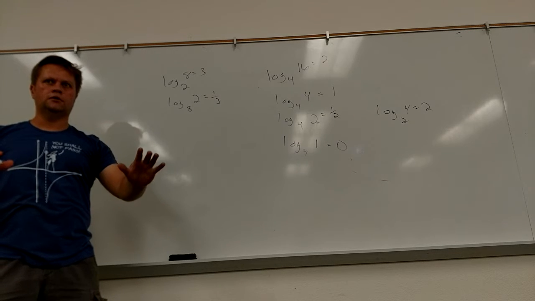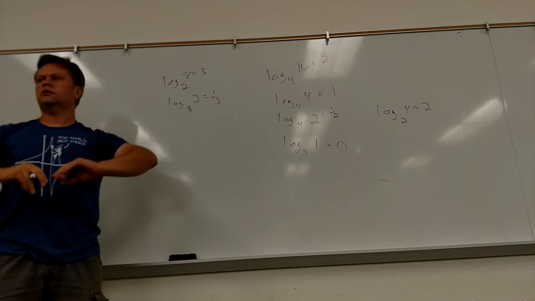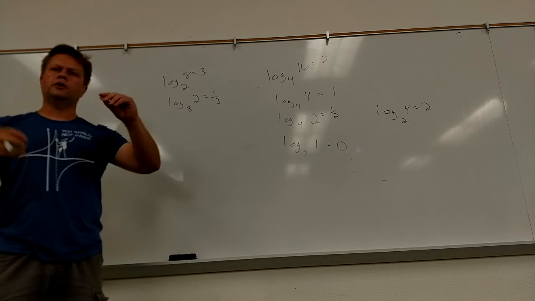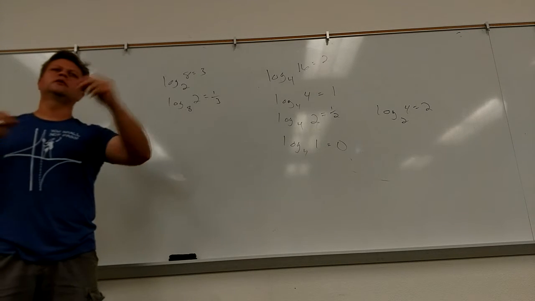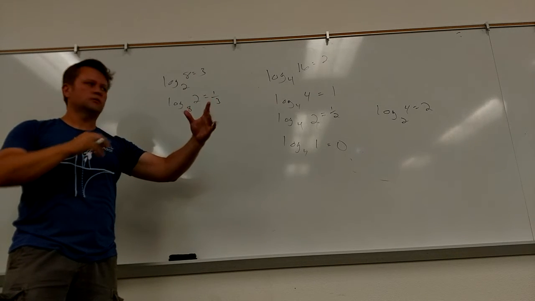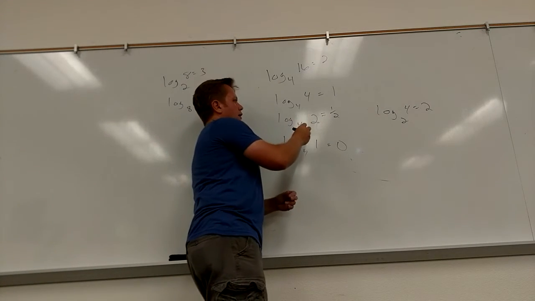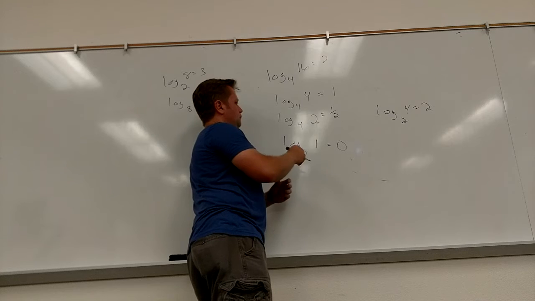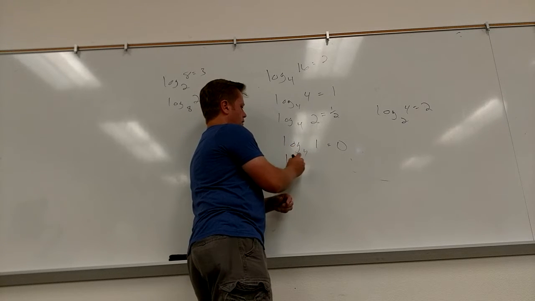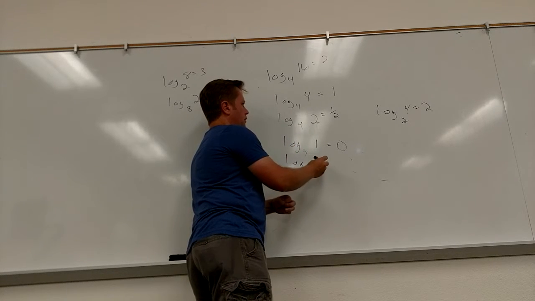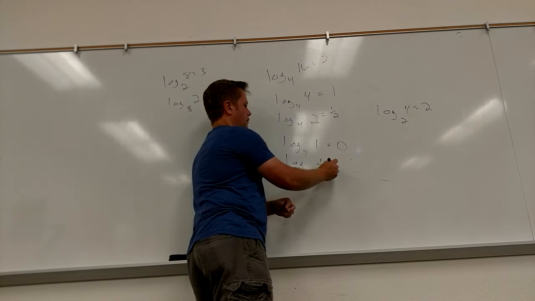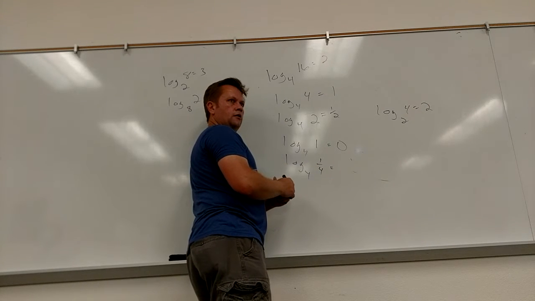How are we doing so far? Logarithms are just all about powers. So the better you understand all the powers we've talked about, the easier logarithms will be. Continue with this. What about log base 4 of 1/4? -1.